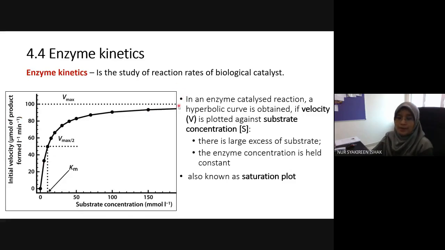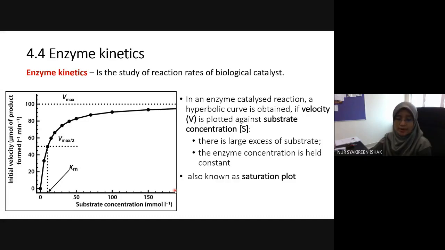It says here that in an enzyme catalyzed reaction, a hyperbolic curve is obtained. So this graph, we call it a hyperbolic curve. If velocity, which is rate of reaction, is plotted against substrate concentration, and there is a large excess of substrate, it means the substrate concentration is not the limiting factor.